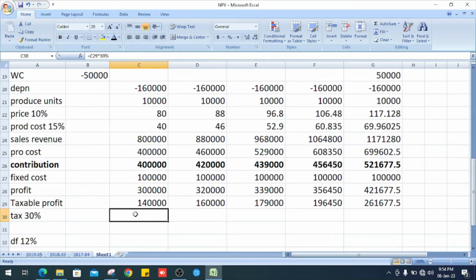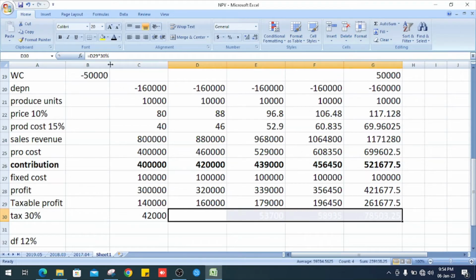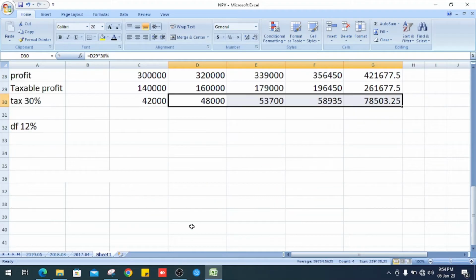Next, we're going to calculate tax. It is 30%. The taxable profit into 30%, in year 1, it is 42,000. Likewise, get the value.